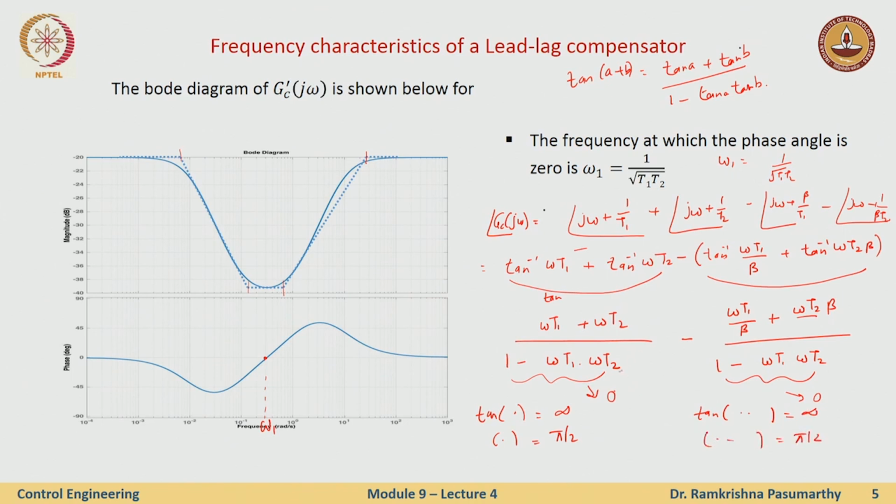At omega equal to 1 over square root of T1 times T2, I get pi by 2 minus pi by 2, and therefore the angle of GC of j omega at this frequency is actually 0.